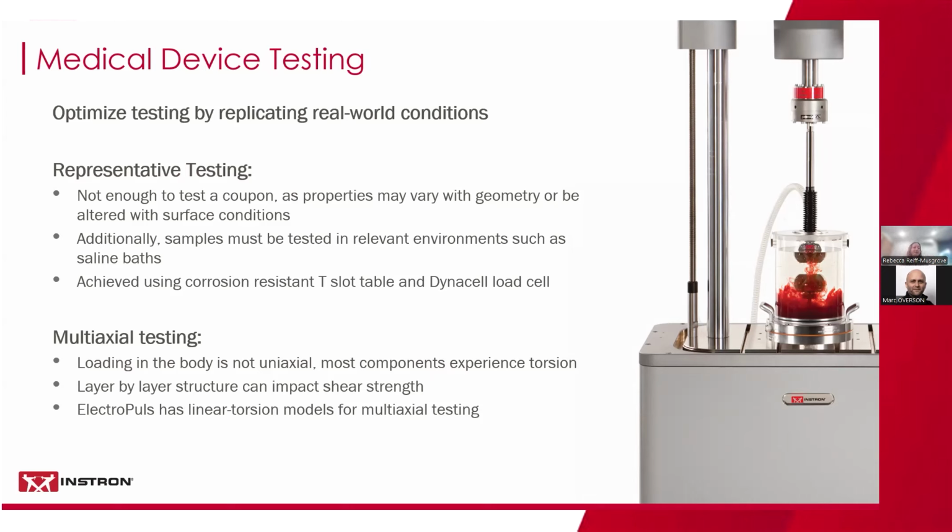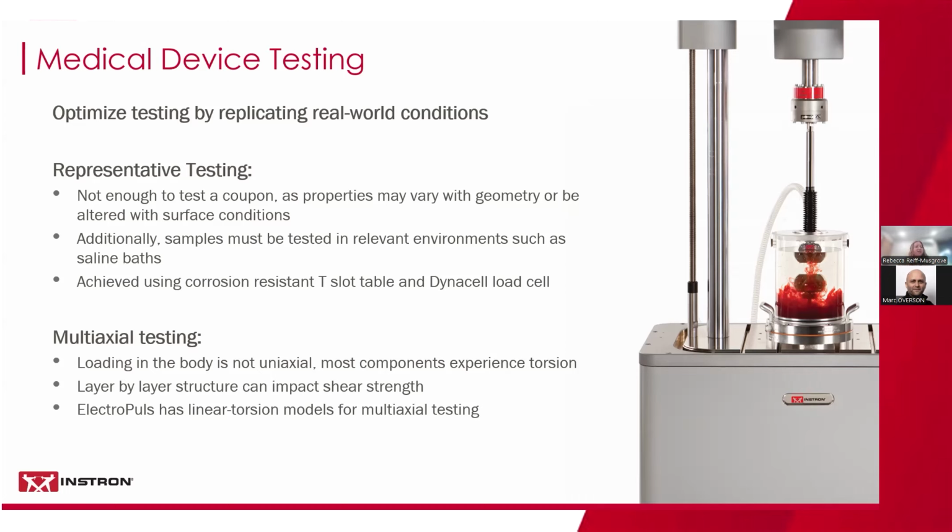So if we think back to the first webinar where we spoke about how additive manufacturing parts can vary because of the local thermal heat dissipation. If you have a very skinny bit that you've just printed, it's very easy for the heat to dissipate. Whereas if you have a very thick piece of material that you've just printed, it's much harder for the heat to dissipate, so you get different heat properties. We don't want to just test a coupon, we want to test the full part, as those properties might vary.